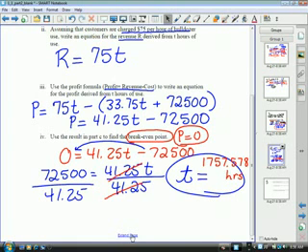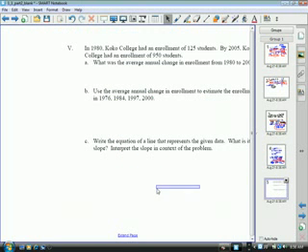Okay. All right, let's look at one more.